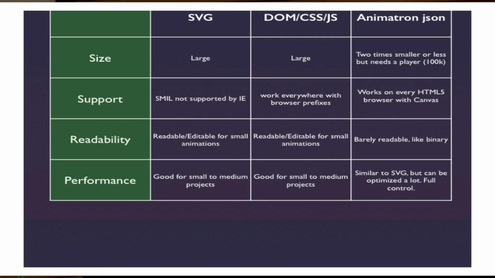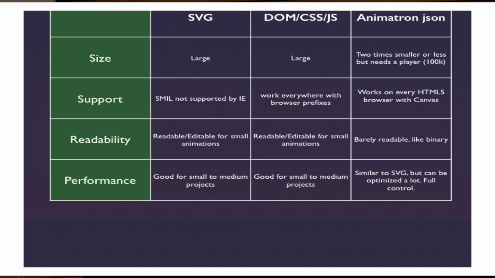I mean, animations are not supported. Static SVG, yes, but not animation. But anyway, let's go over all the pros and cons of every format. I'm going to look at the size, browser support, readability, and performance.